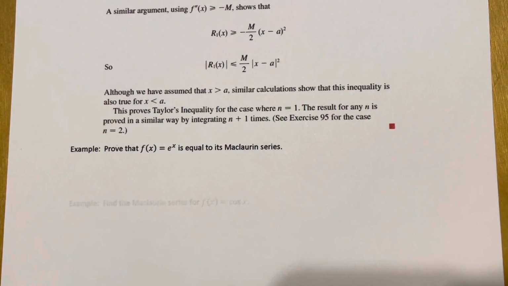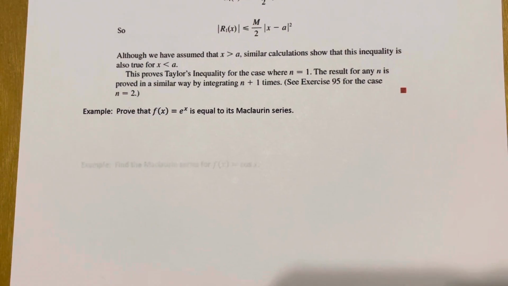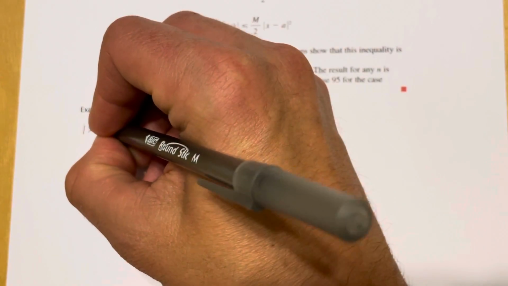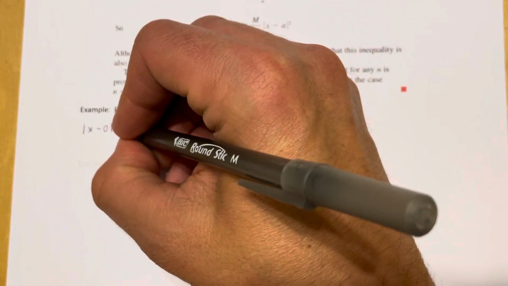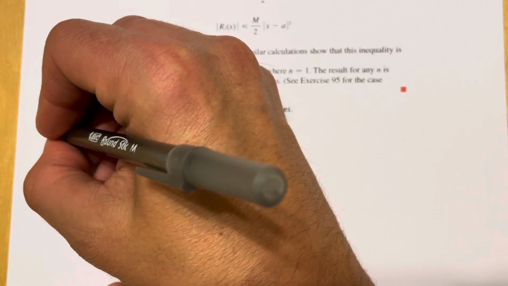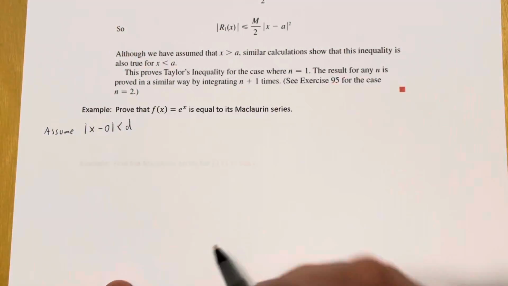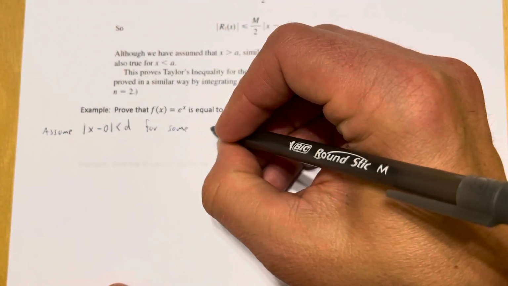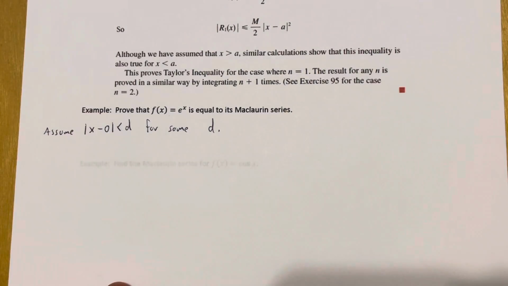Okay, so remember that we're talking about a Maclaurin series where a is equal to 0. So when we talk about x minus a being less than some number d, I'm going to say assume for some number d, okay?